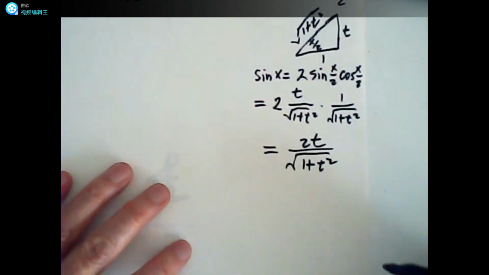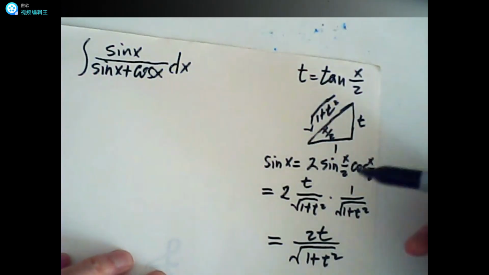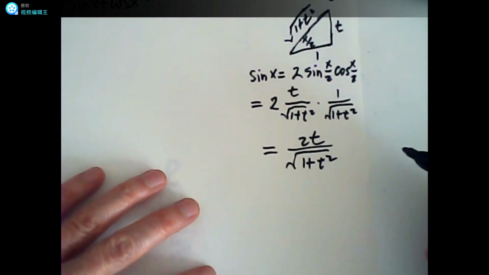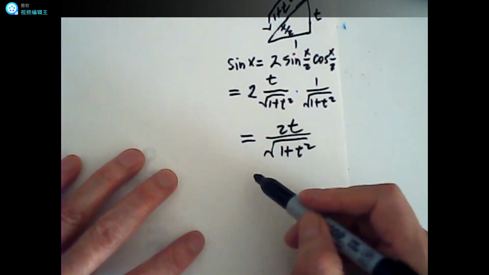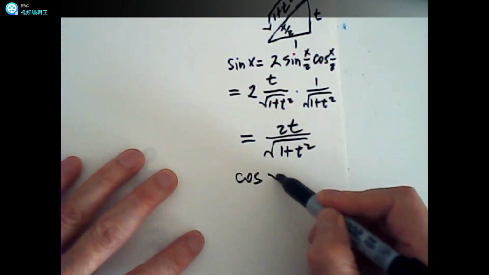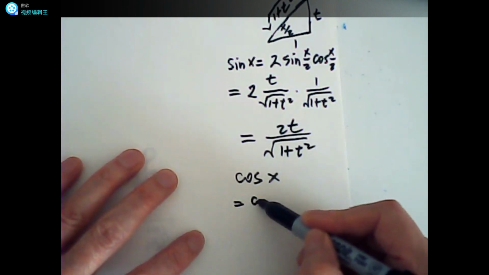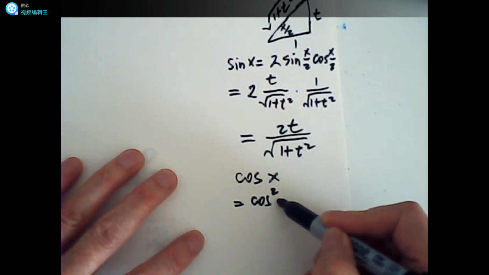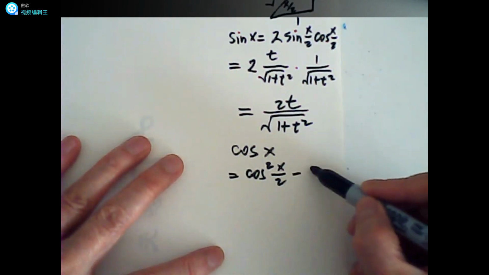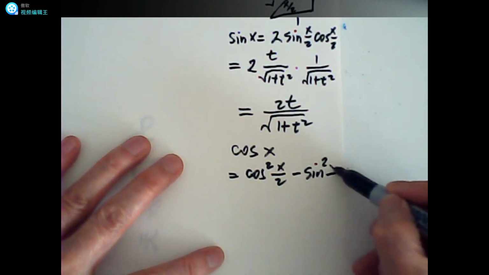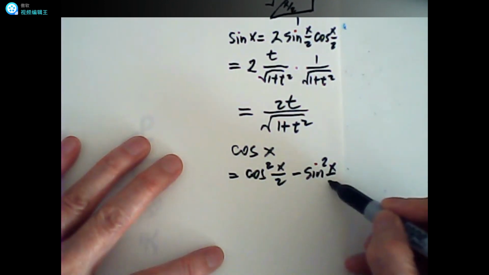You know, we get sine x. We don't have to remember all the detailed conversions. Even if we forget, you can get it easily. And cosine x is equal to cosine squared half x minus sine squared half x.